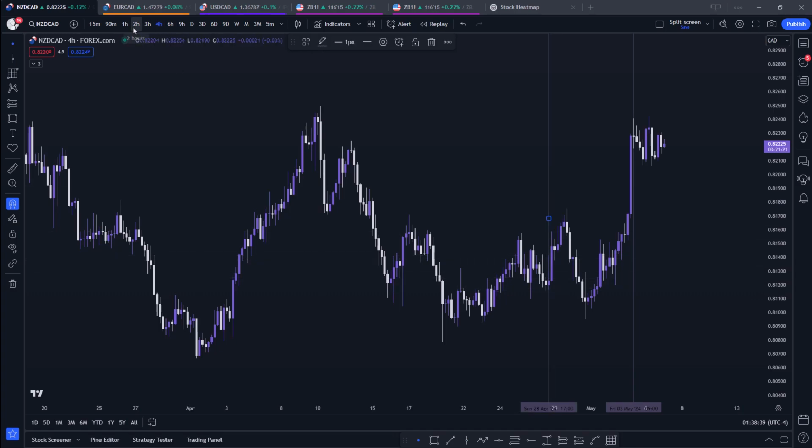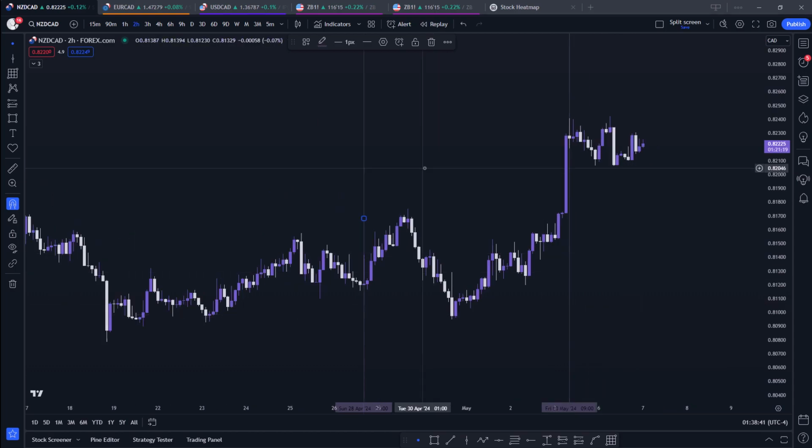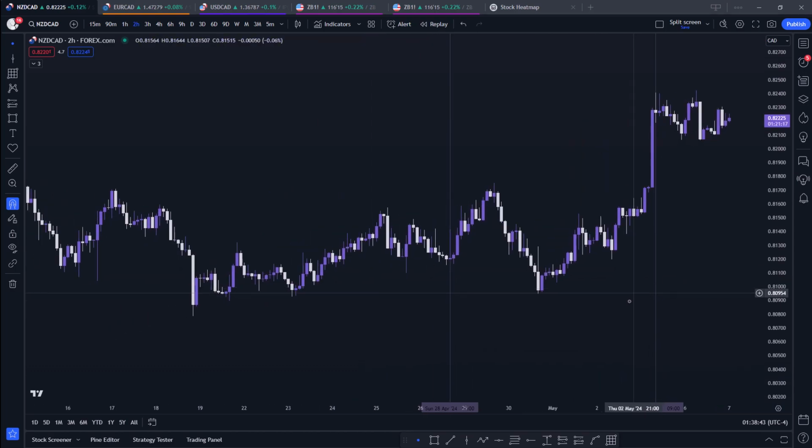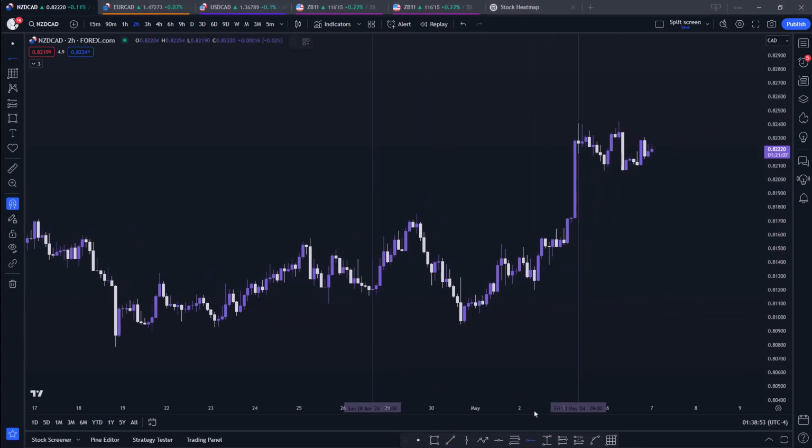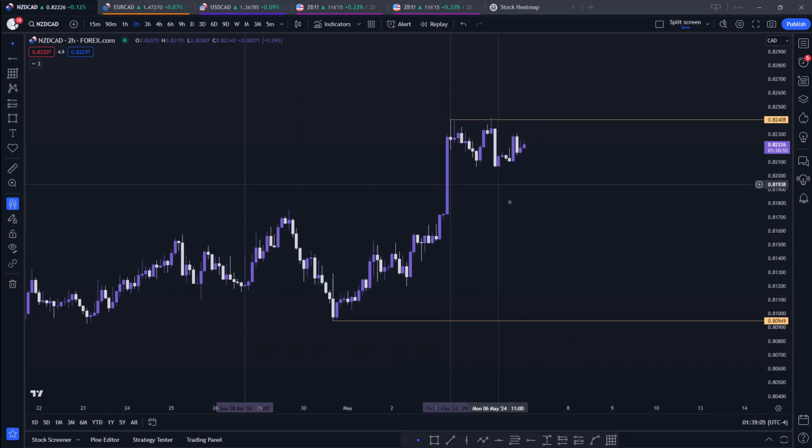Let's look at it from the 2-hour chart. So if I asked you to show me the highest point and lowest point of the previous week, I hope you'd be able to say that that's the previous weekly high. I know it happened literally as we closed, but that is the high of the week, and the previous week low is right there. So it's as simple as that.